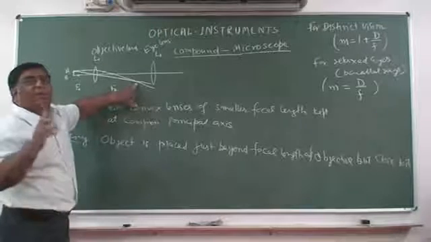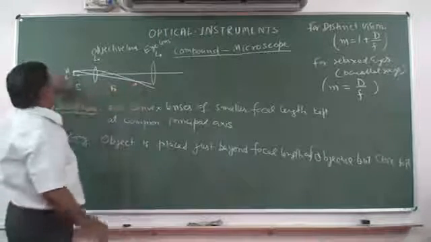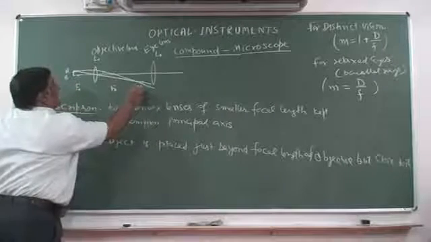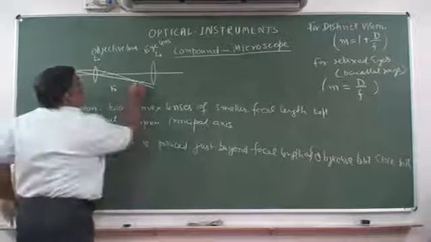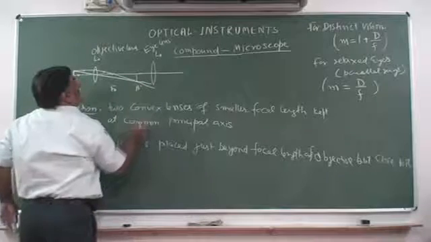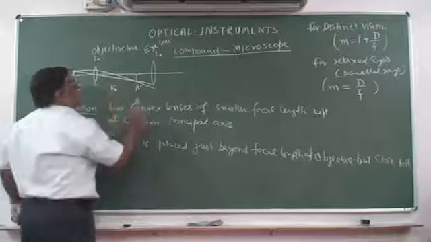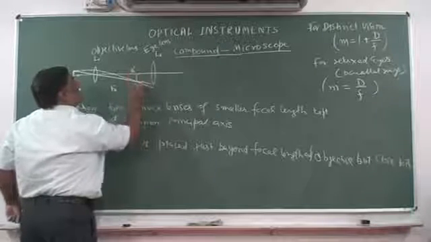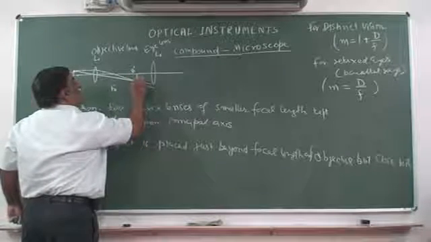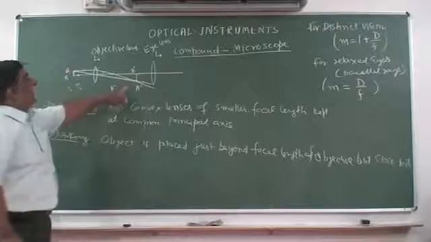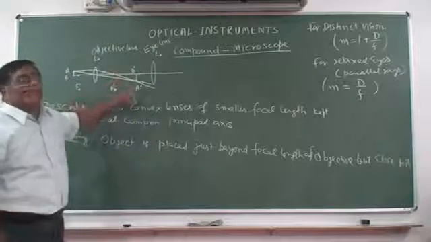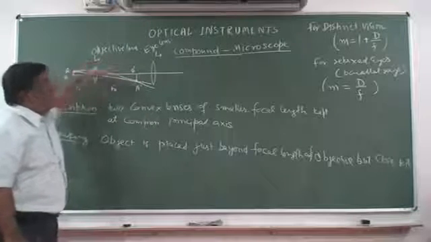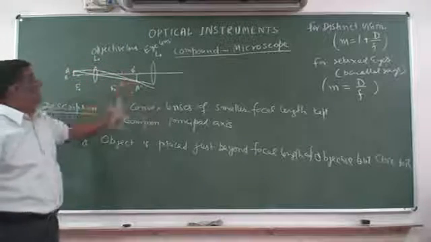So this point will be the real image of A and we write it A dash. From here we put a normal on the principal axis because B is on the principal axis. So we get the position of B dash. So A dash B dash is the real image of AB. Why real? Because the rays are actually intersecting each other.